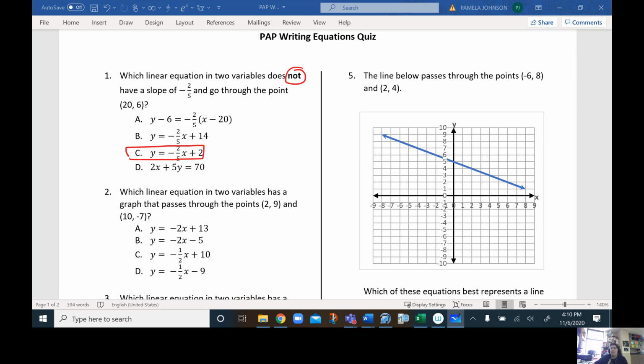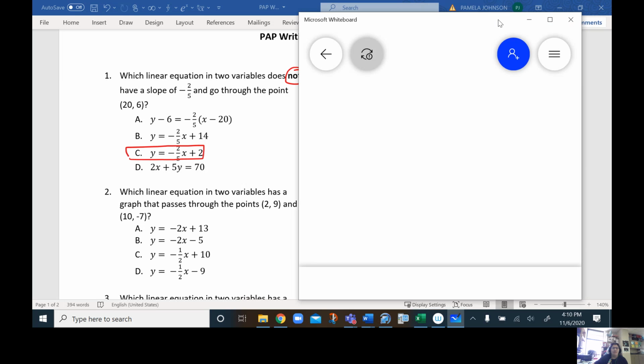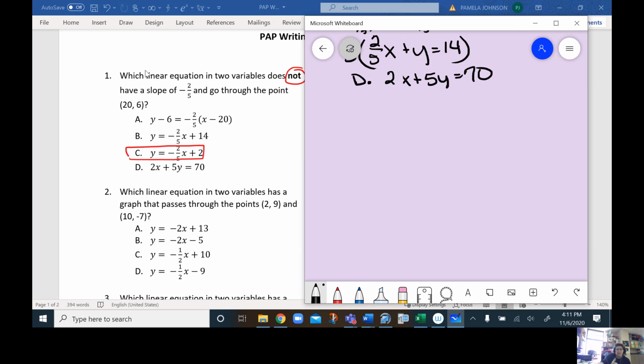All right, so for number 2, which linear equation in two variables has a graph that passes through the points (2, 9) and (10, -7)? Okay. So for number 2, first thing we have to do is find the slope. So I'm going to write my points down, and this way, that essentially makes them a table.